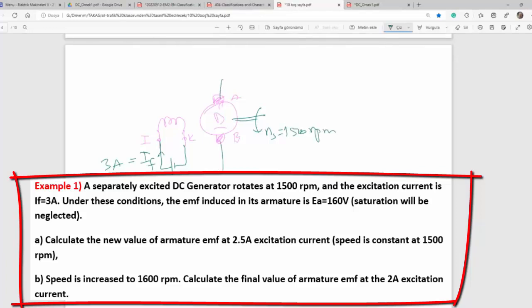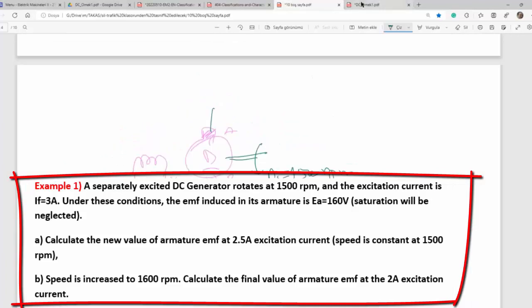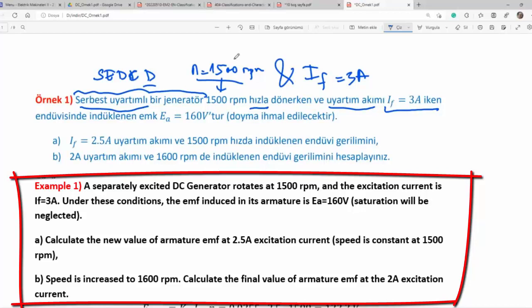There is such a connection diagram behind these questions, and when there is such a speed and field current, the EMF induced in the armature is 160 volts without any saturation.